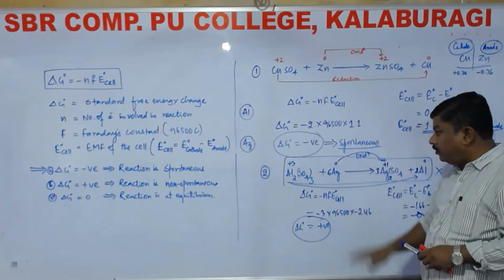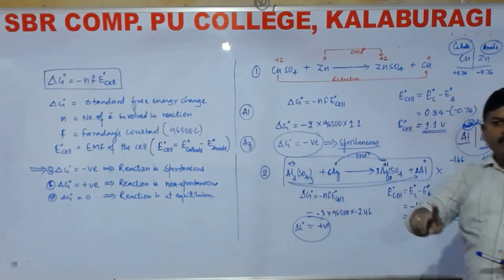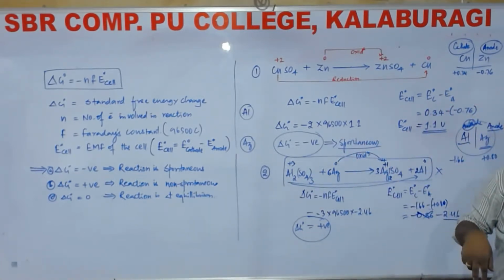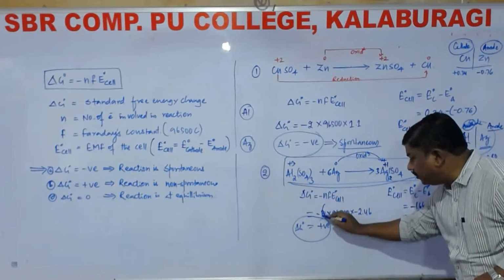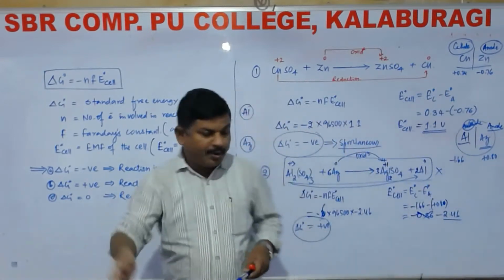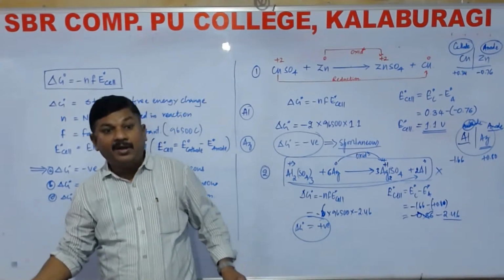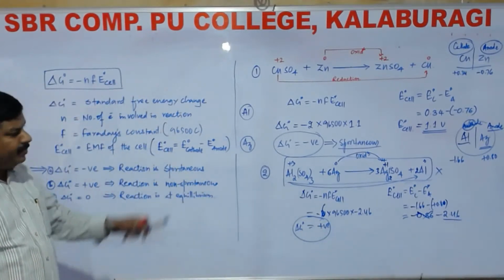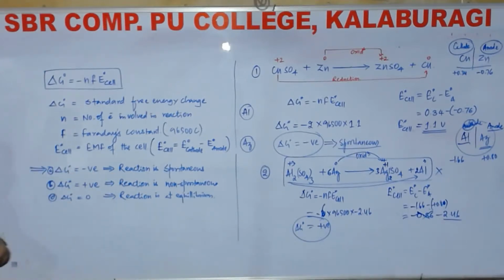Loss of electrons equal to 6. How many aluminium are there? 2 aluminium. 1 aluminium ion gains 3 electrons, 2 aluminium ions gain 6 electrons. In that case, here you are right, this one is going to be equal to 6. Correct. But I'm not worrying about that value. I'm worrying only about whether it is negative or positive, that is the required thing. But at the time of calculation, you have to use that value as 6, not as 3.